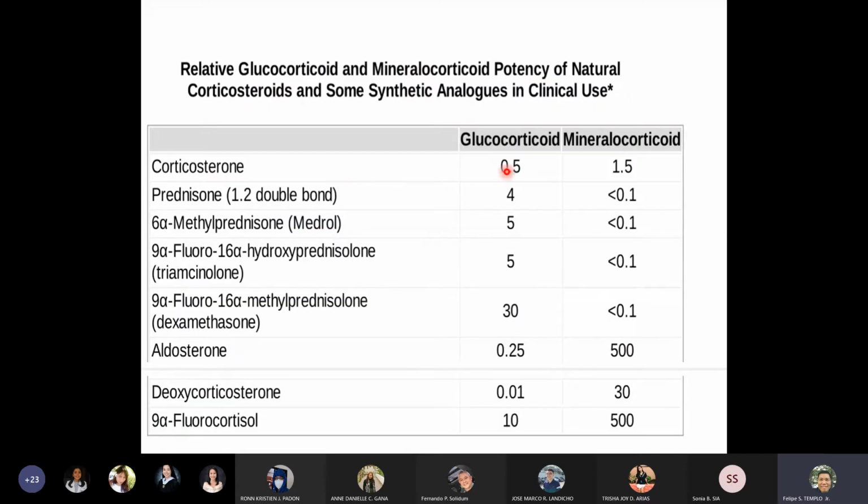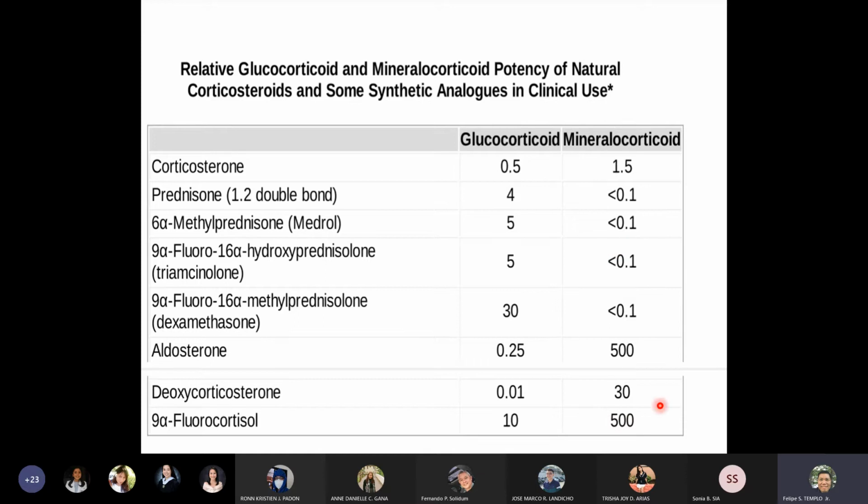Now take note here that your glucocorticoids are mainly in your zona fasciculata, right? Your mineralocorticoids in the zona glomerulosa. But comparing both of these steroids, they have functions of one another. For example, 9-alpha fluorocortisol is mainly a mineralocorticoid, about 500 times, with the basis being 1 milligram of cortisol.